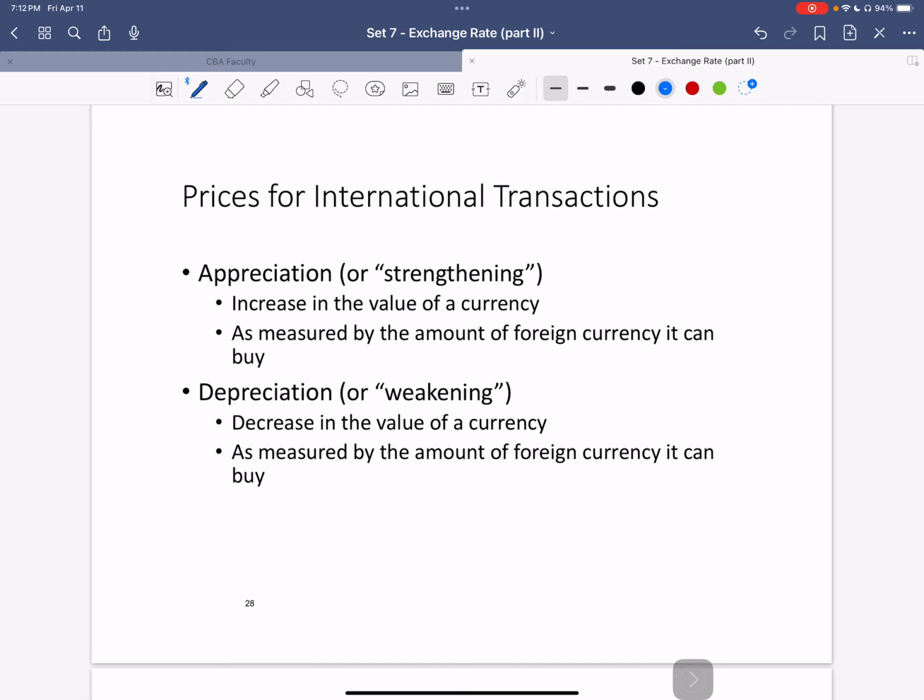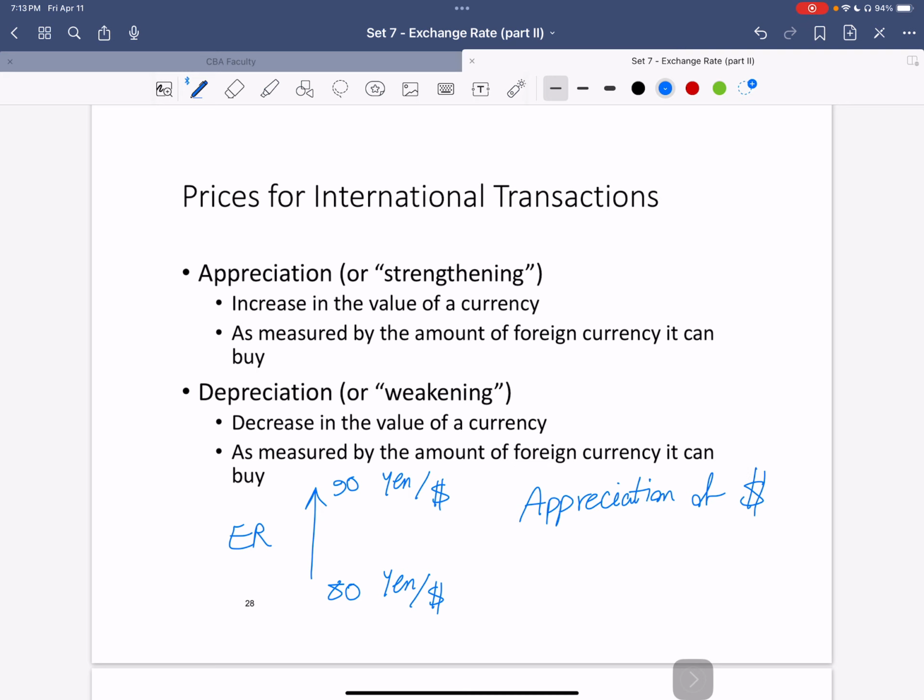Let's say the exchange rate rises from 80 to 90 yen per dollar. This is appreciation of the dollar.